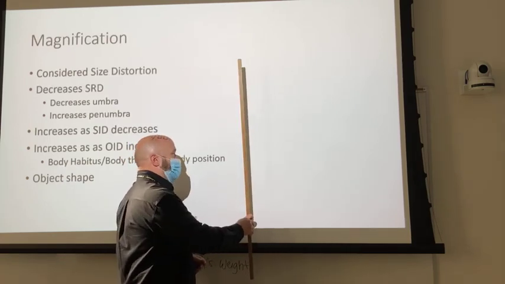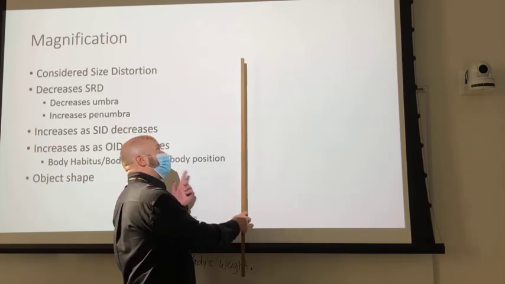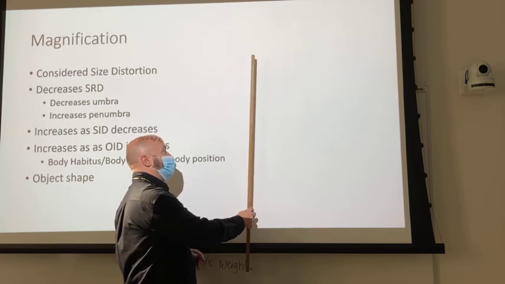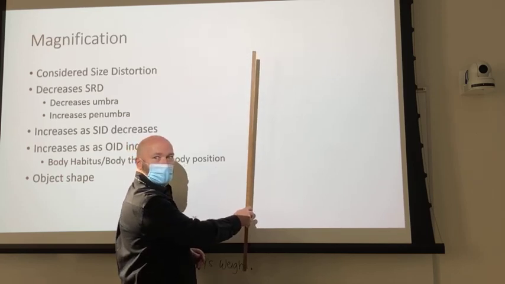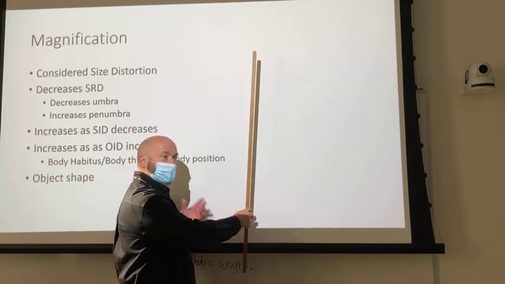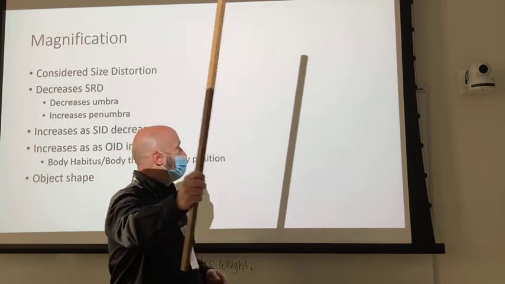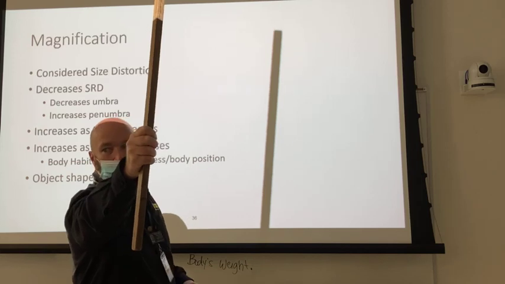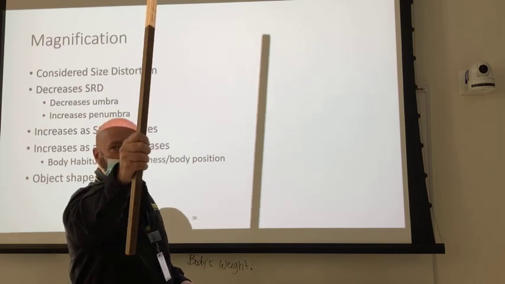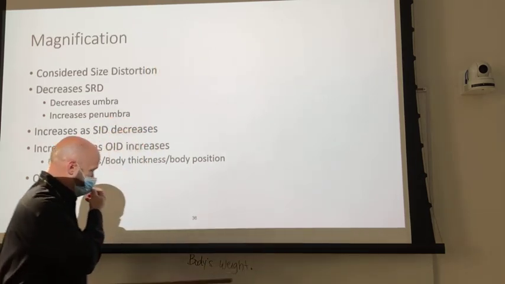So if I put this thing close to this screen, then you can see a very clear outline, right? You've got good sharpness. The lines of this thing are very sharp. But if I bring it way out here, what does it look like? It's kind of fuzzy, right? So it's blurry, right?